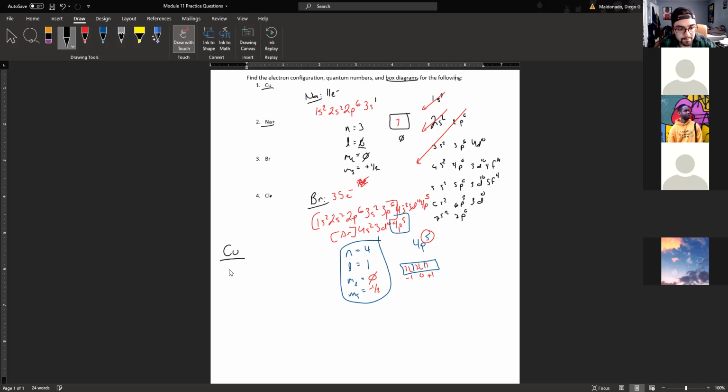For copper, how many electrons does it have? 29 electrons. So there's 29 electrons I have to account for, so I'm going to do the shortcut method because it takes forever to do the other method. So Ar, and then how do I continue after argon? It'd be 4s2.